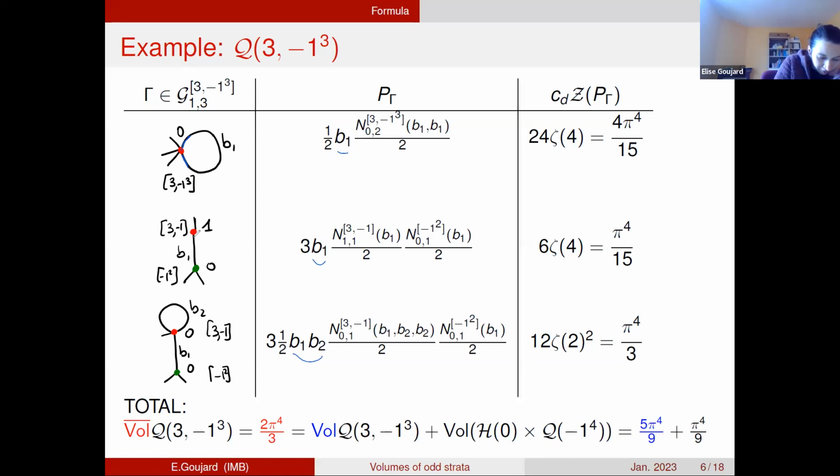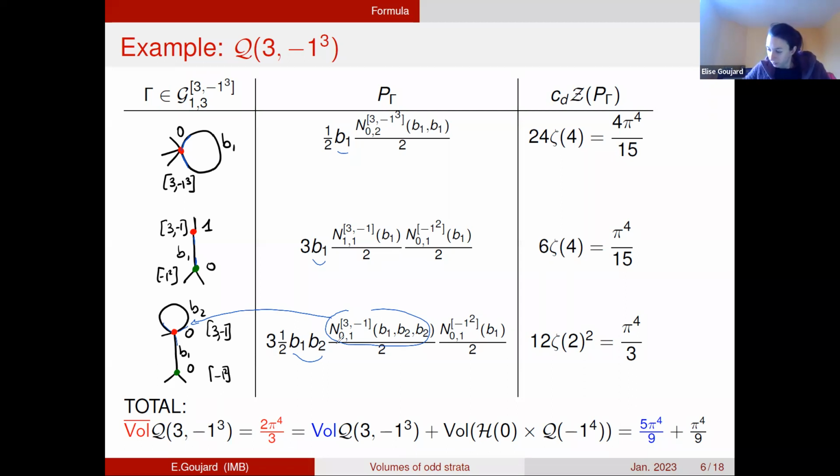Here, nothing complicated: I have two vertices, two polynomials. I see only one incoming edge labeled by B1. And here, for instance, this polynomial corresponds to this vertex, and I have one variable B1 and two variables B2. And you need the decoration of the graph to get the right polynomial.